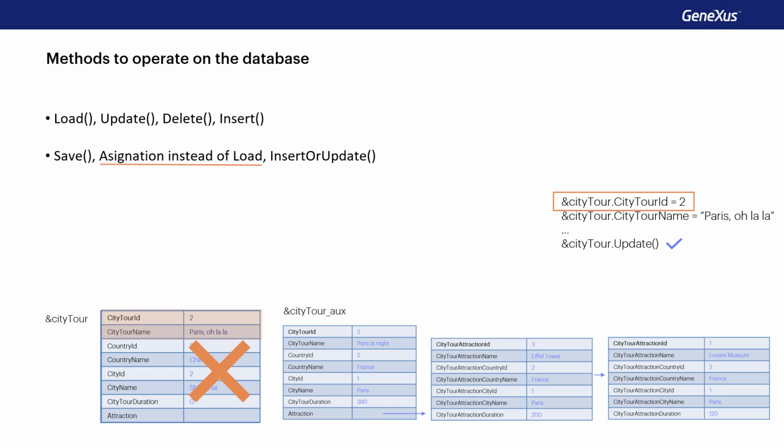If we're going to use the assignment, it's strongly recommended that we first ask for new memory space for the variable so that it's clean and in insert mode. The assignment is the only way when the business component is loaded in a data provider, as we'll see below while studying the insert or update method.